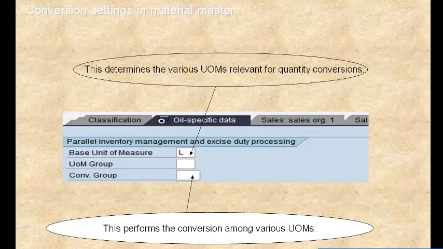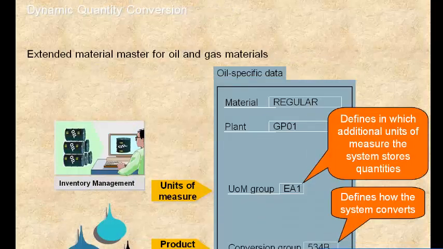In simple terms, the conversion group performs the conversion among various units of measure, like kgs into tons, tons into kgs, liters into L15, L15 into L20. So whatever conversions you would like to have will be maintained under the conversion group.